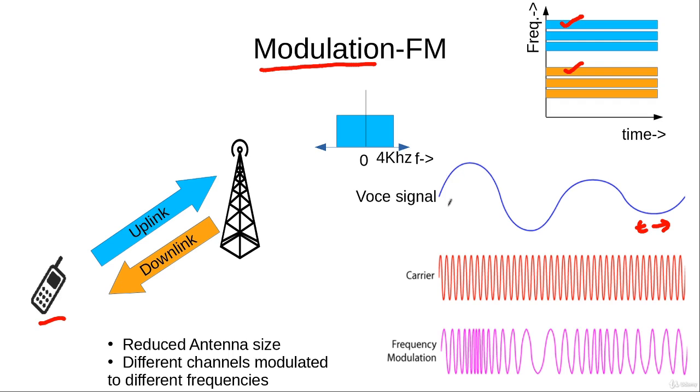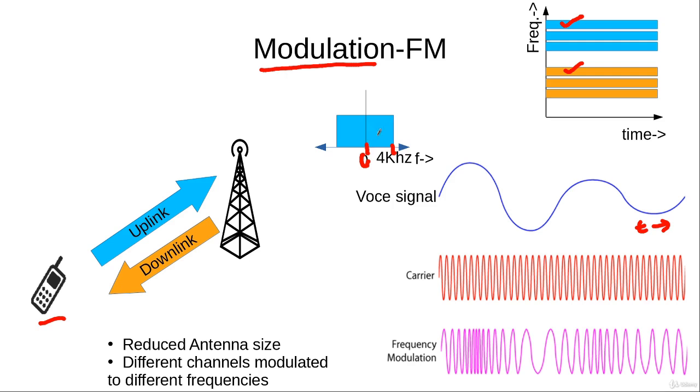If we see this signal in the frequency domain by taking the Fourier transform, it would be composed of frequencies between 0 and 4 kilohertz. In other words, this signal has a bandwidth of 0 to 4 kilohertz, and this voice signal is centered at 0 hertz.